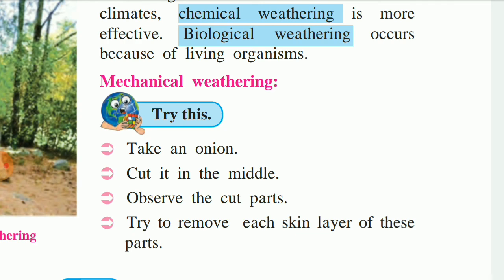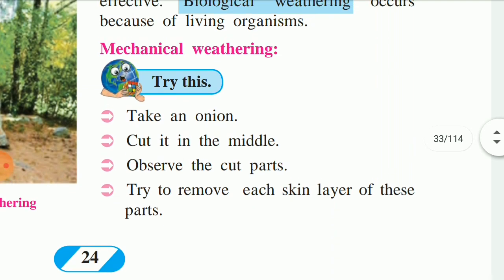What do you observe? Then try to remove the first outside layer of the skin, and the second layer, and the third layer, and the fourth layer, and the fifth layer, till the final layer is taken out. Now please write it down in 2 to 3 sentences.